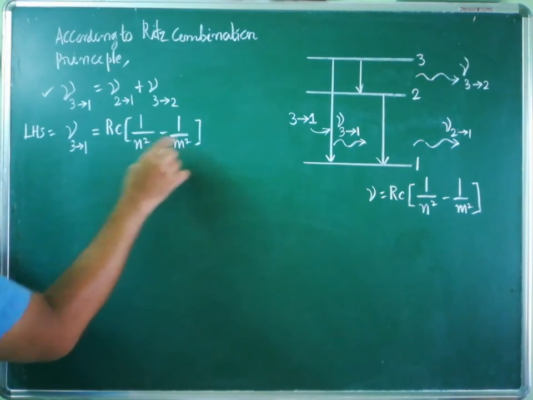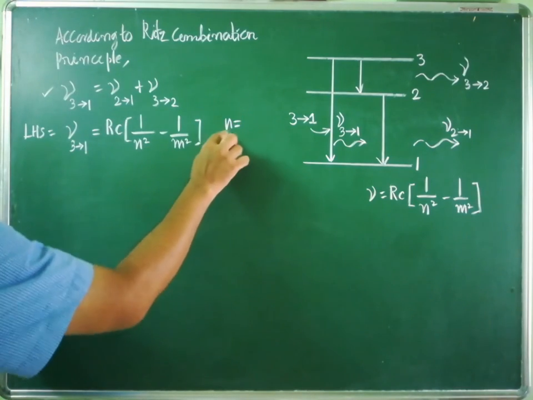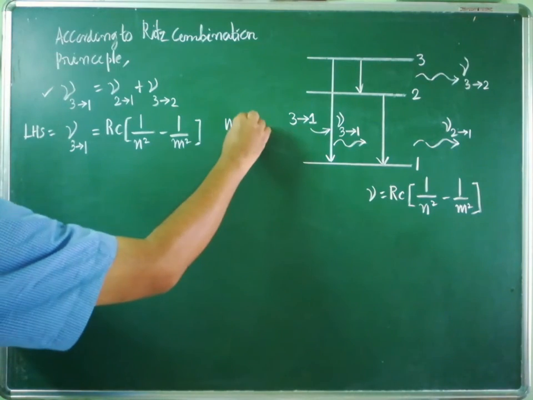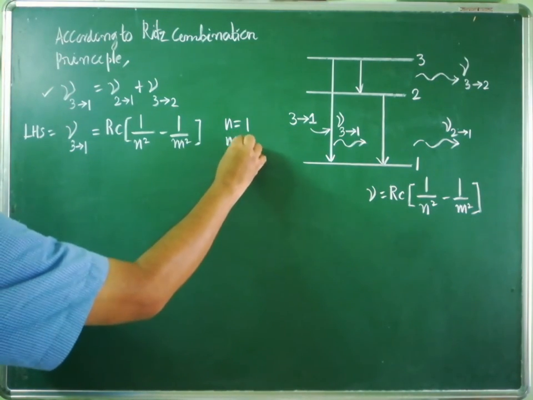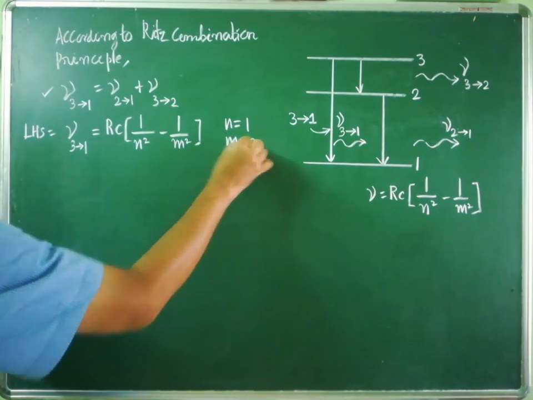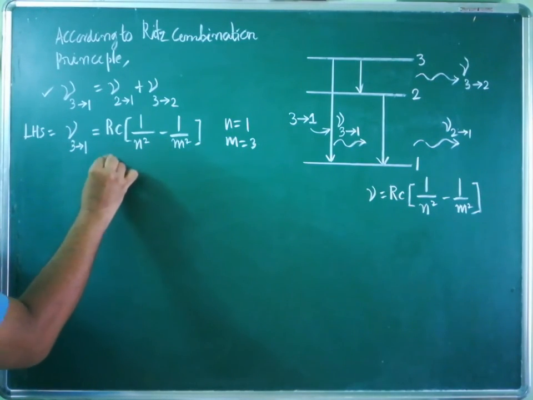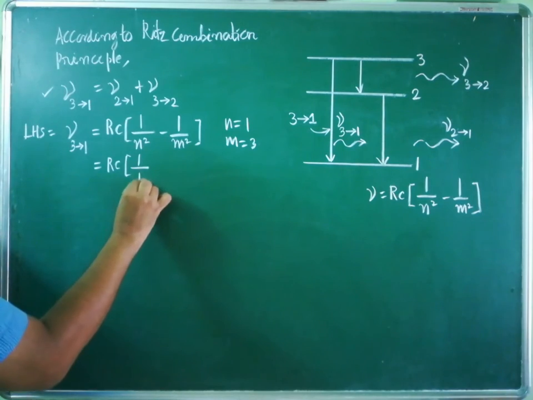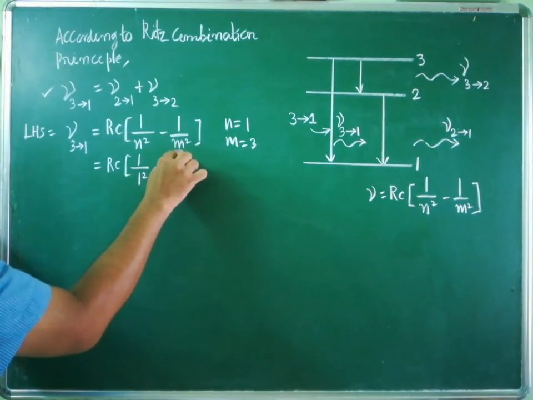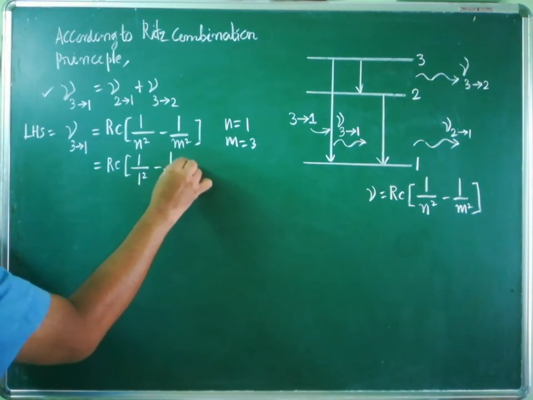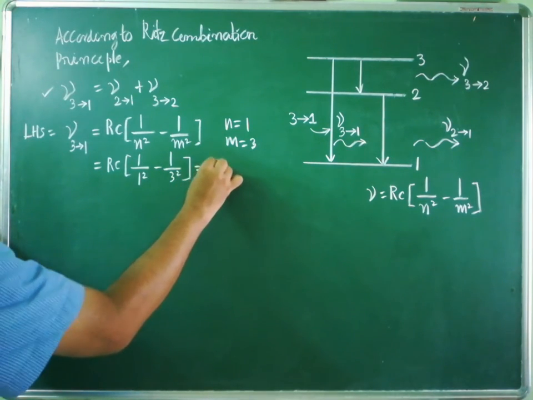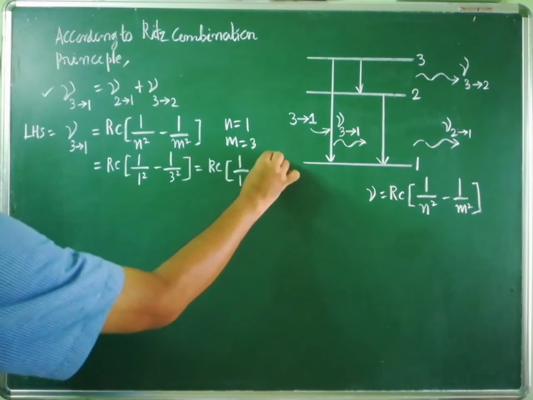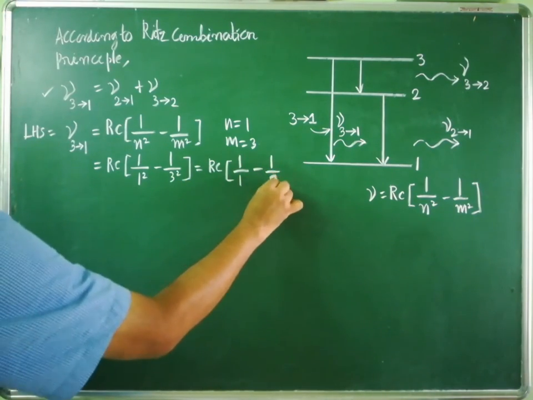Therefore n is equal to 1, and m must be taken as 3. Substitute here: RC (1 by 1 square minus 1 by 3 square), which is RC (1 minus 1 by 9).